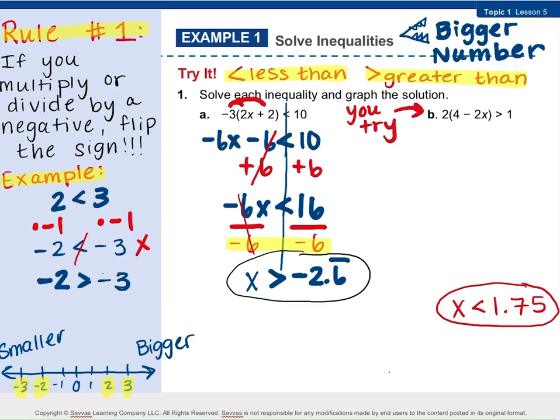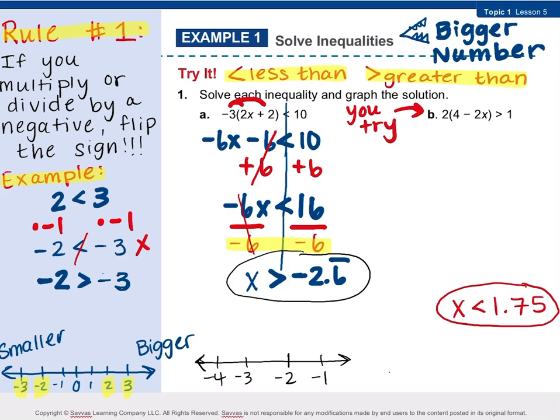It says to graph it, so I want to put it on a number line. A long line, with arrows on both sides to show it keeps going. I don't always have to put 0 right in the middle. Maybe I'll put -2 in the middle because that's where my solution starts, -2.6. When it's greater than or less than, I start with an open circle.